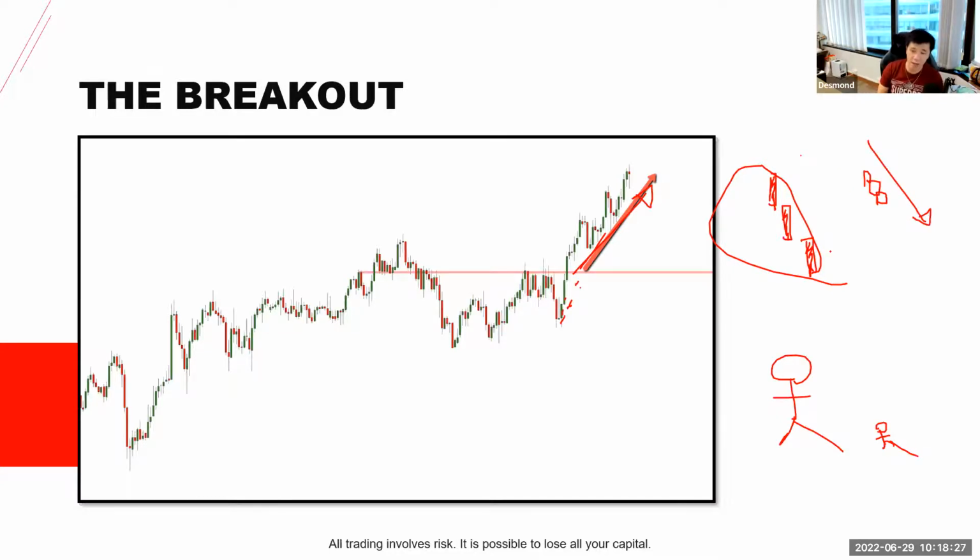So a key thing to consider is that a lot of people, when they look at the definition of 3 white soldiers, right? Okay, you need 3 bullish candles in a row, right? And they look at these 3 bullish candles as very different from these 3 bullish candles, right? And all the way up here. This version 1 is very different from version 2.